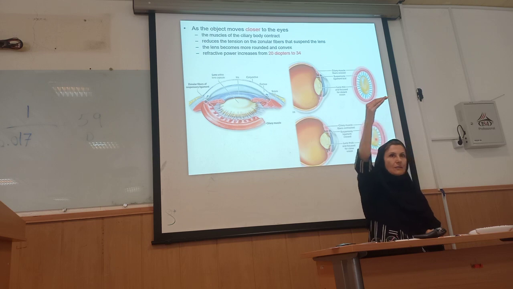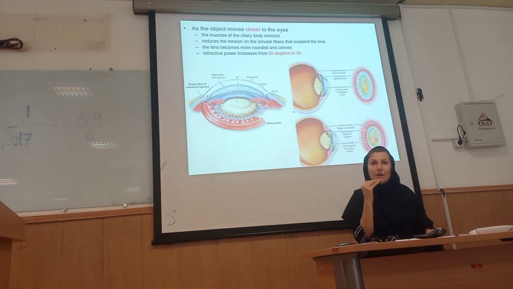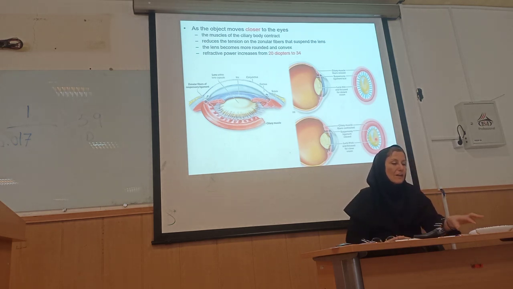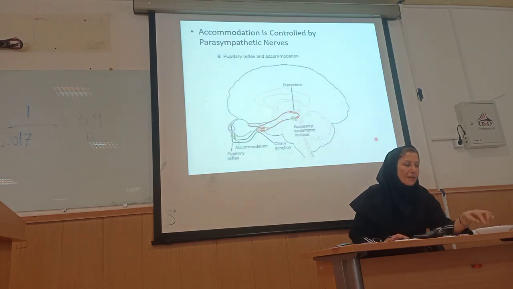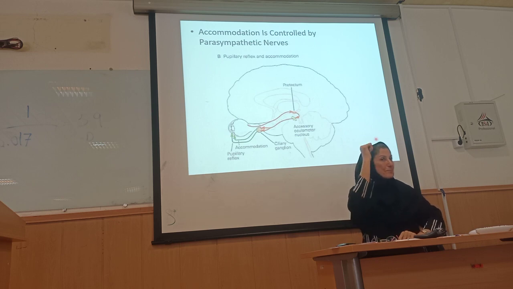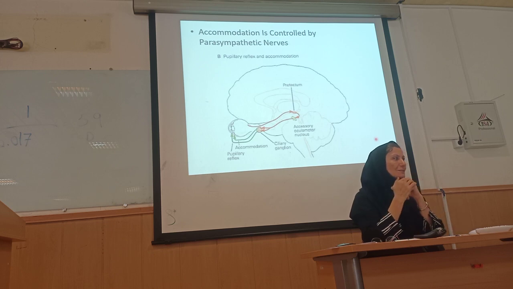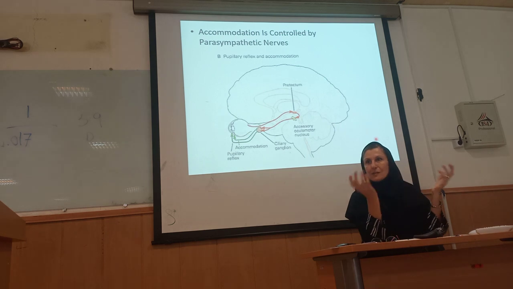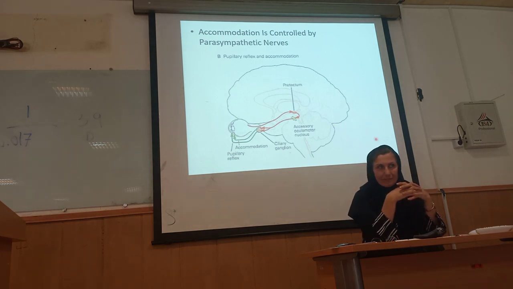Something far, something middle, something nearby, you can see, because of the change in the refractive power. Like the pupillary light reflex, it is controlled by parasympathetic fibers. Both are controlled by parasympathetic fibers.